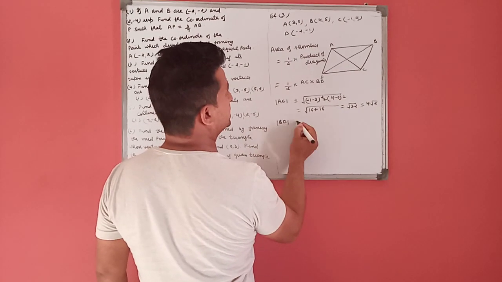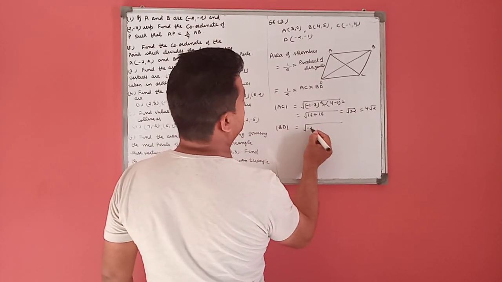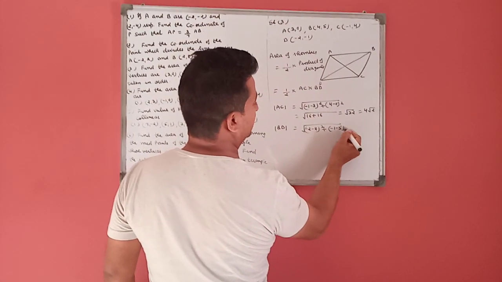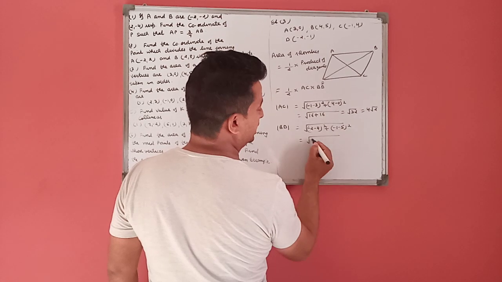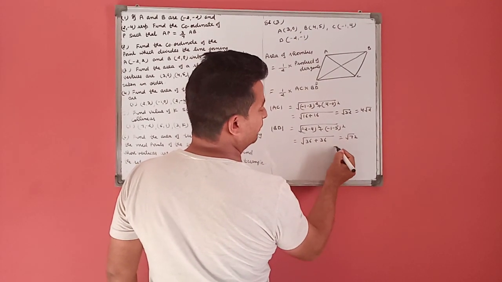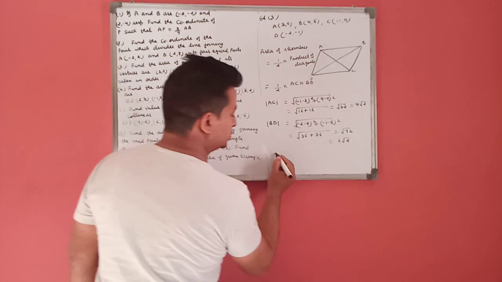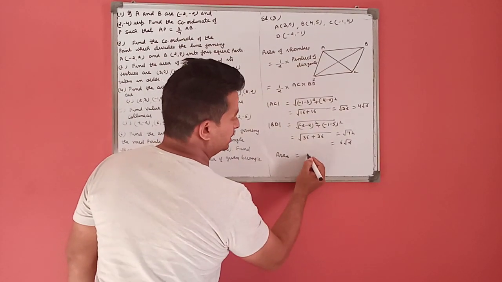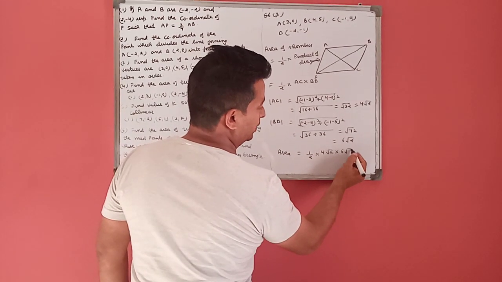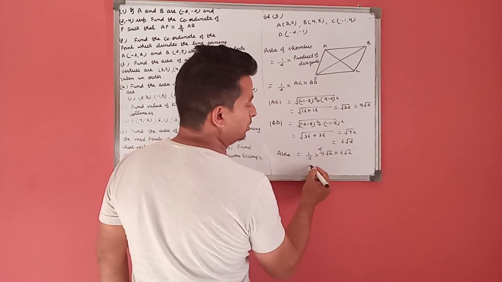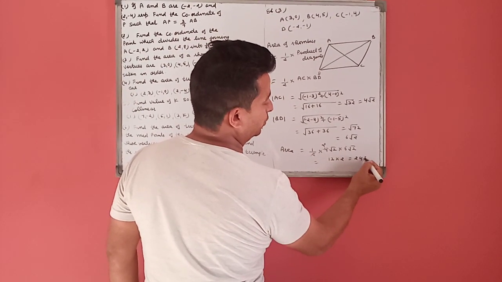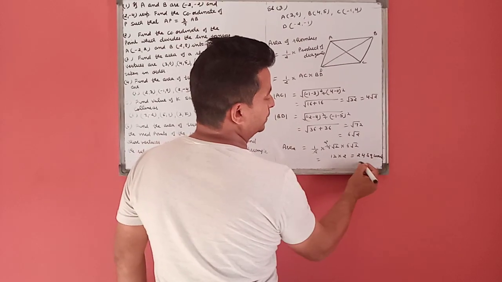Then BD is equal to square root of (x2 minus x1) whole square plus (y2 minus y1) whole square. 6 square is 36 plus 36. This means 72. This is 6 root 2. So the area of the rhombus is 1/2 into 4 root 2 into 6 root 2. This cancels out, 12 into 2. This means 24 square units.